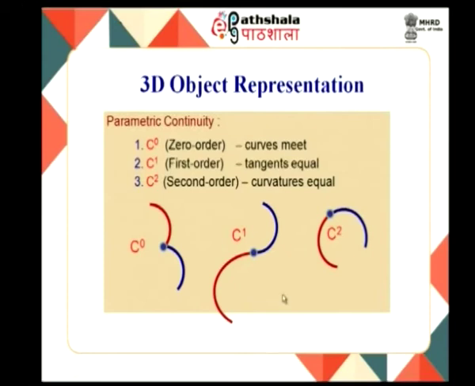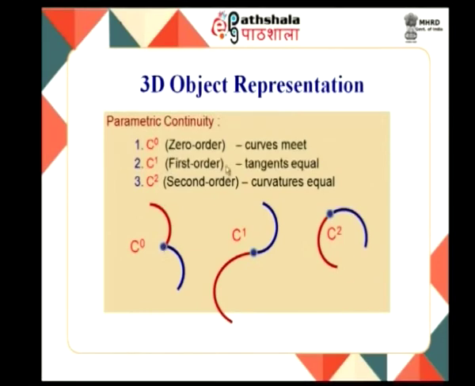Two curve sections satisfying C0 continuity are like this, as shown in the first picture, where the curves just meet. One point is common for both the curve sections. They may be two different curves, but they are just joining at a given position end to end.